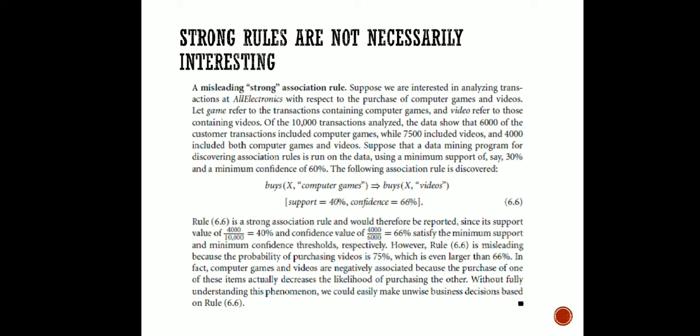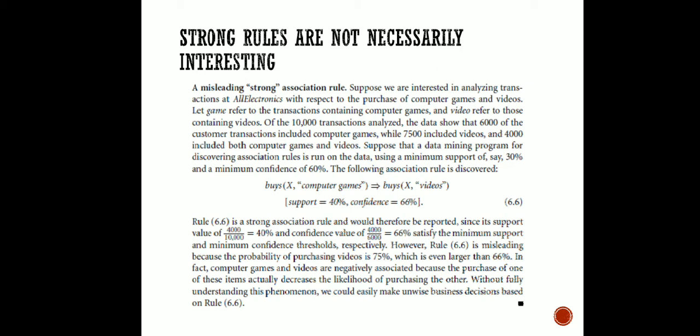We are assuming there are a total of 10,000 transactions that we have analyzed. Out of those 10,000, we have seen that 6,000 customer transactions include computer games, 7,500 include videos, and 4,000 purchased both computer games and videos.